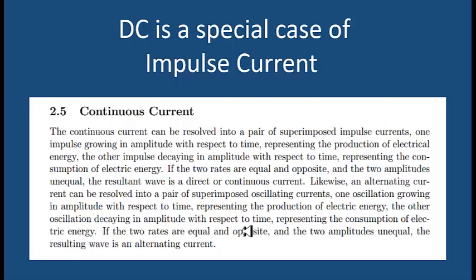If the two rates are equal and opposite, and the two amplitudes are unequal, the resulting wave is an alternating current.